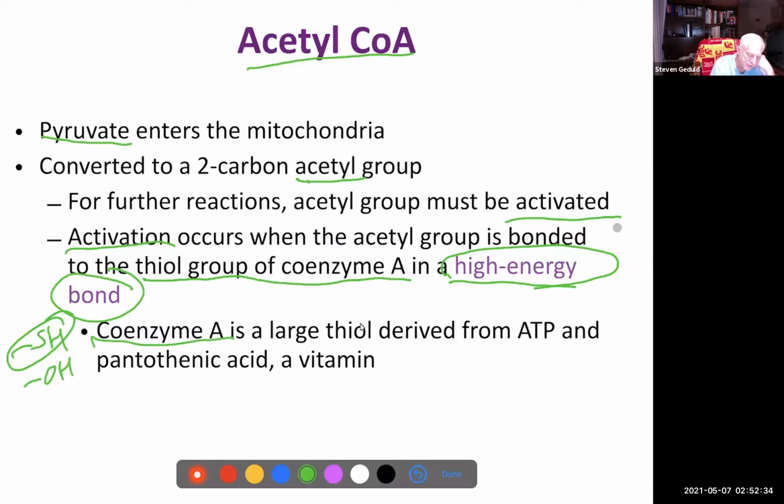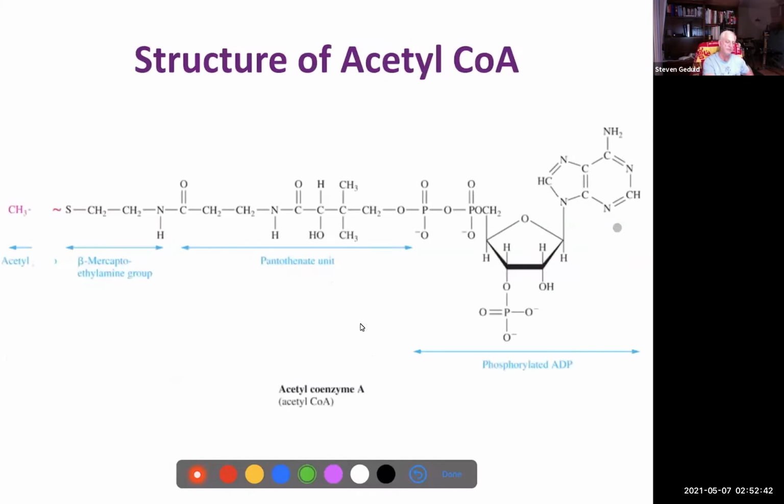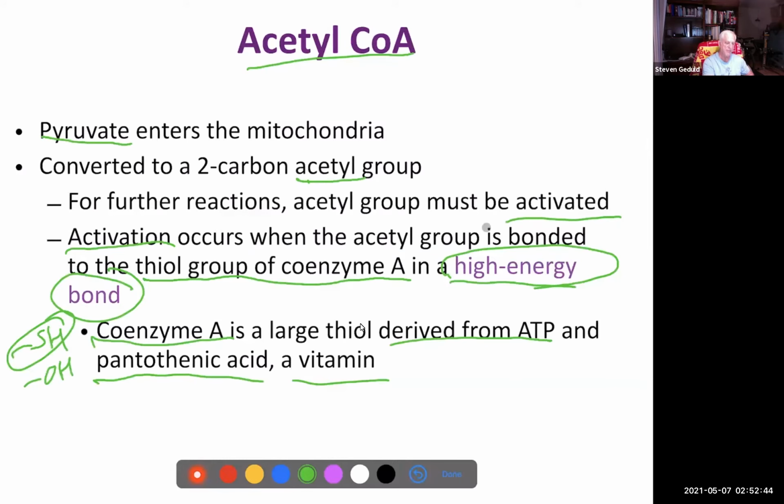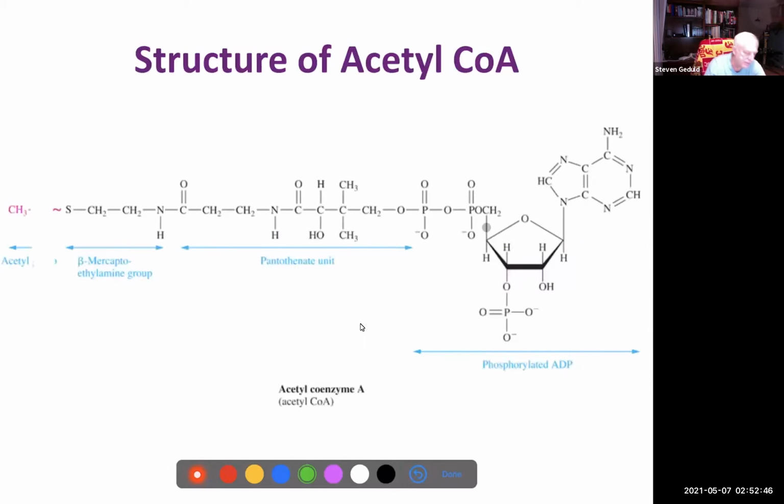Coenzyme A is a large thiol derived from ATP and pantothenic acid, and it is a vitamin. So this is your acetyl. This is your thiol group attachment here. This is the attachment of pantothenic acid, and this is a phosphorylated ADP.